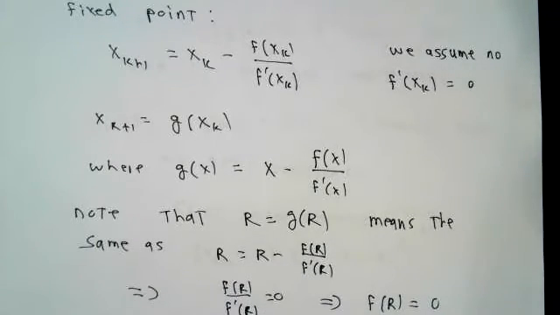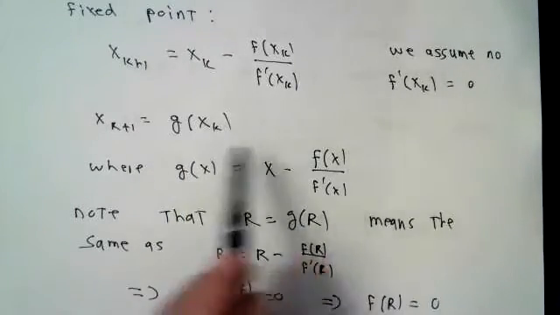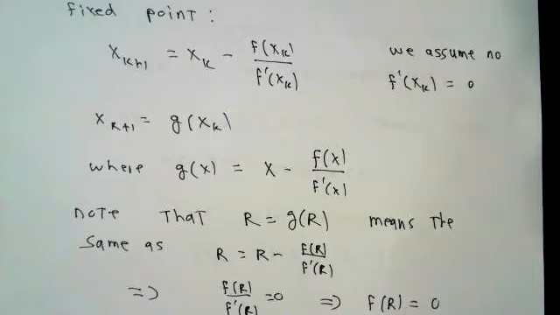Subtract the r's away, and it turns out that obtaining a fixed point of this g function is equivalent to finding a 0 of the f function, which is the problem that we're really interested in.